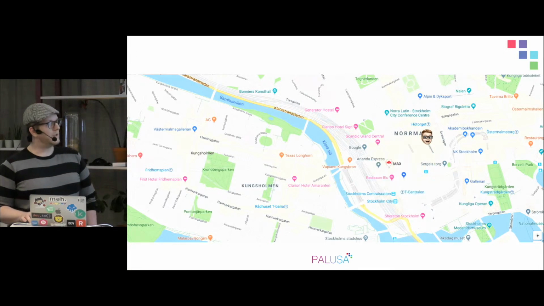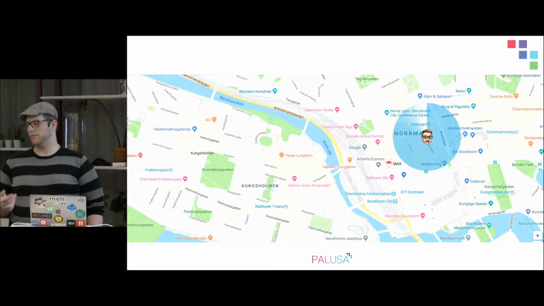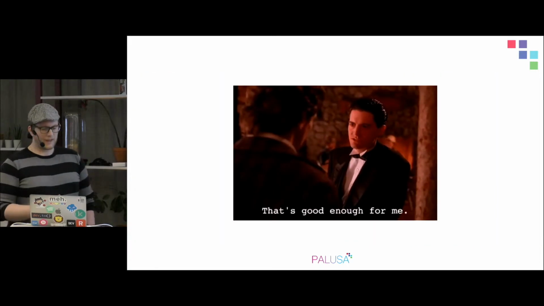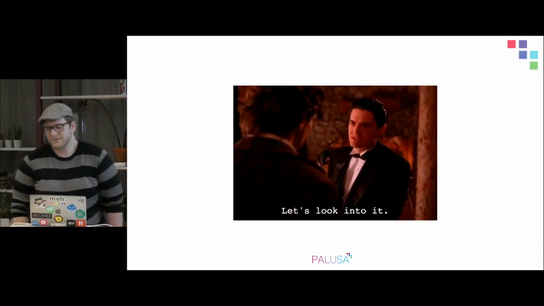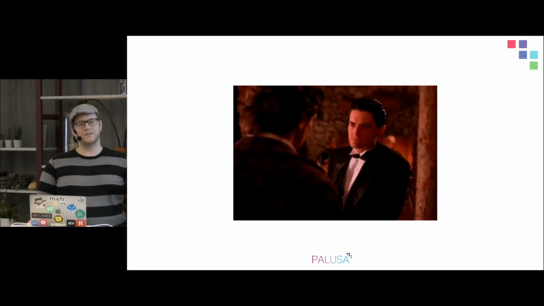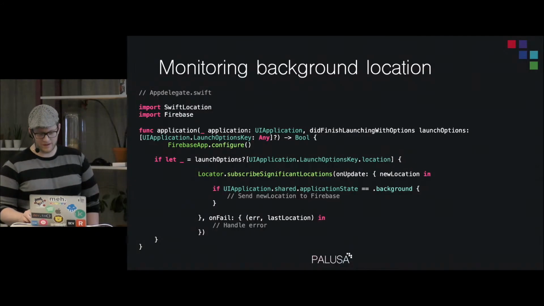Until I go here, and then it gives me a new 500-meter radius. And I was like, okay, good enough. Because I was like, this is a good start. I just want to try and make it work, and just ship it to begin with.